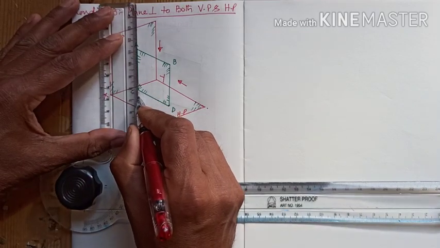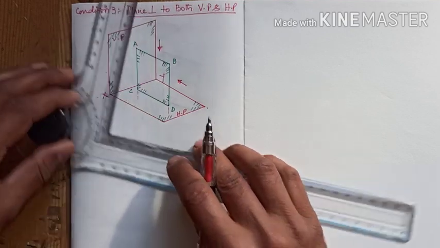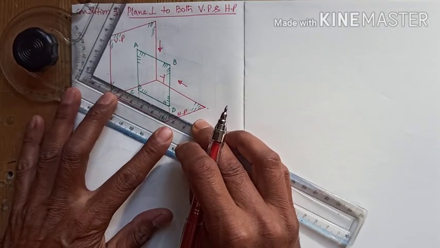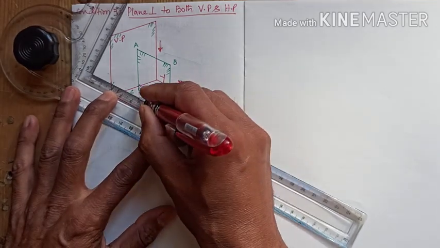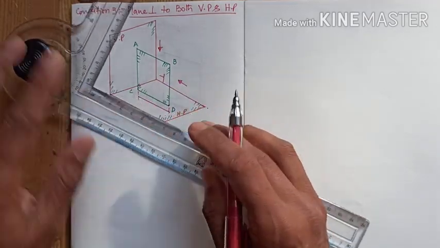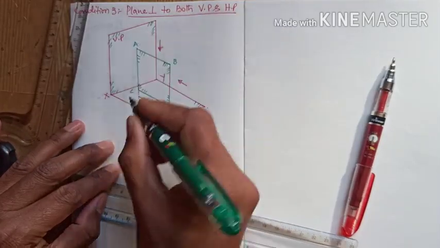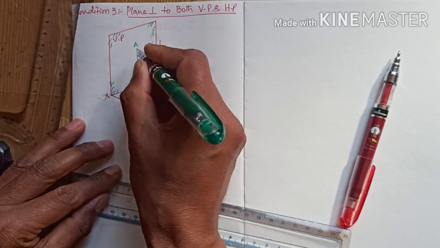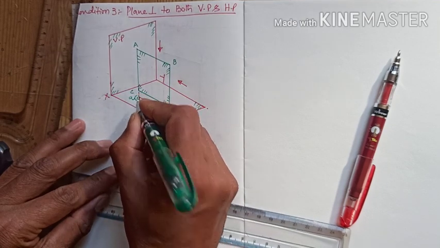So let me produce this line and this. If I look at it from the top, I can see A first, and I know behind A is C, which will come in brackets.